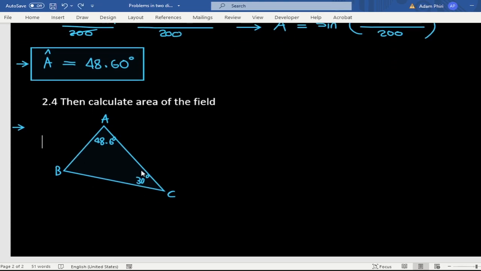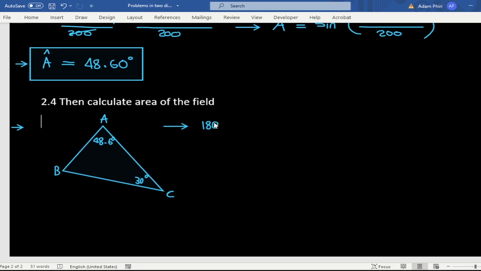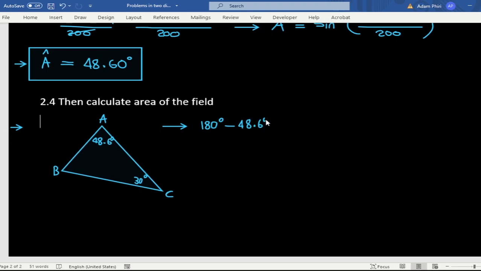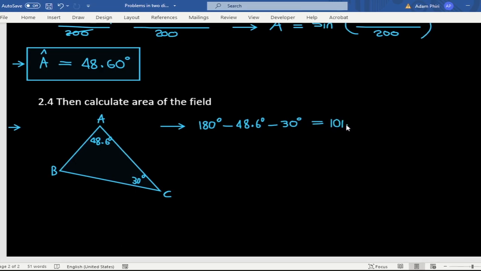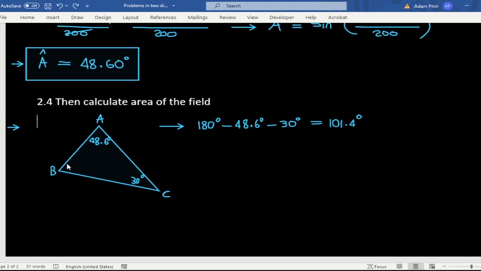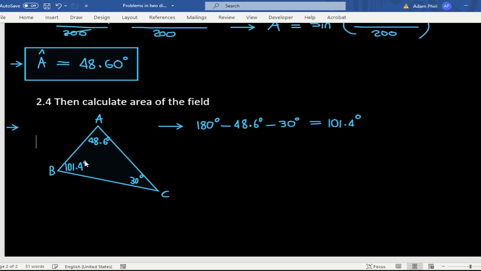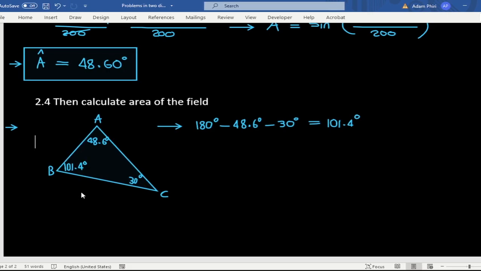The remaining angle is 180 degrees minus 48.6 minus 30 degrees. Punching that on the calculator gives us 101.4 degrees. So with that information, we now use the area rule.